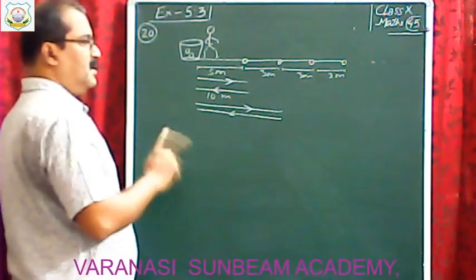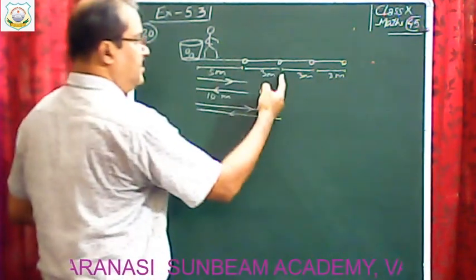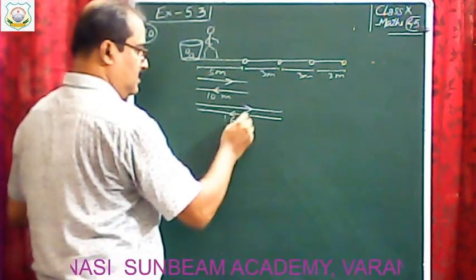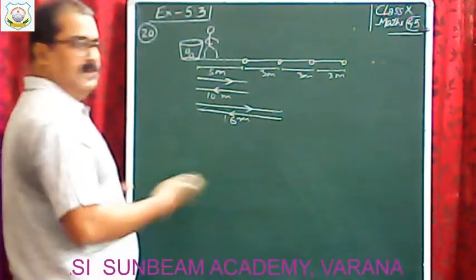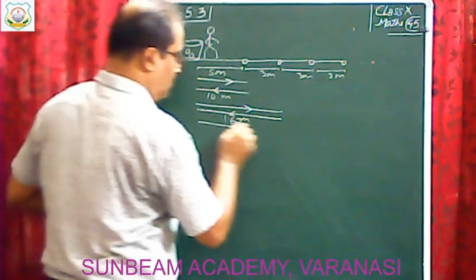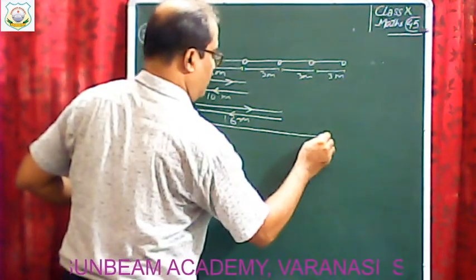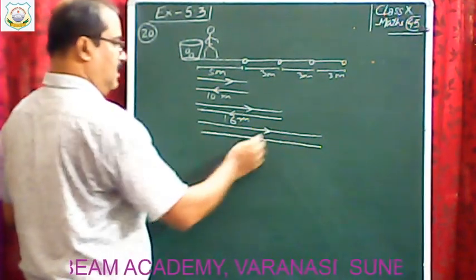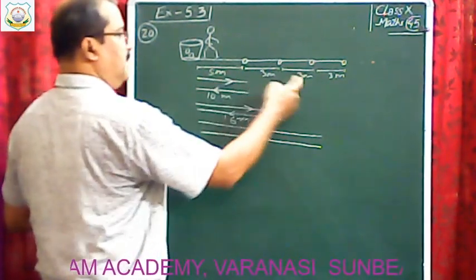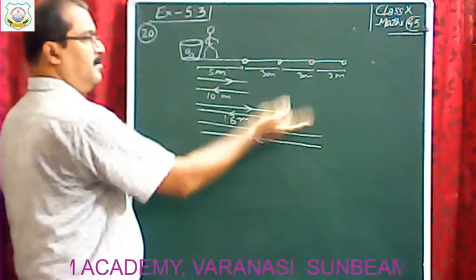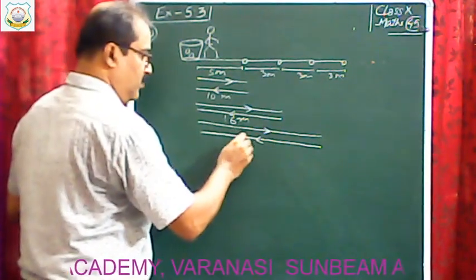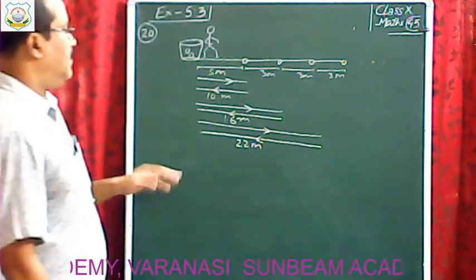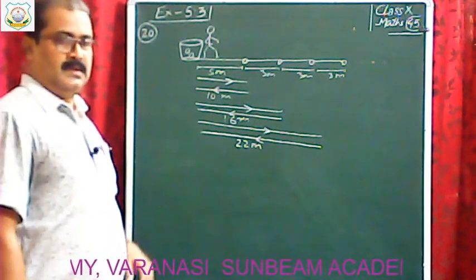So how much distance is covered? 5 plus 3, 8 meters, and again 8 meters, 8 plus 8, 16 meters. Similarly for the third potato, 5 plus 3 plus 3, 11 plus 11, so 22 meters distance is covered by the competitor.